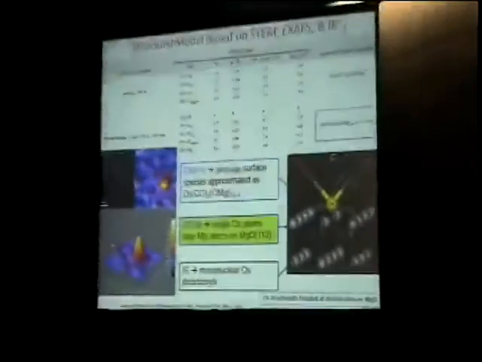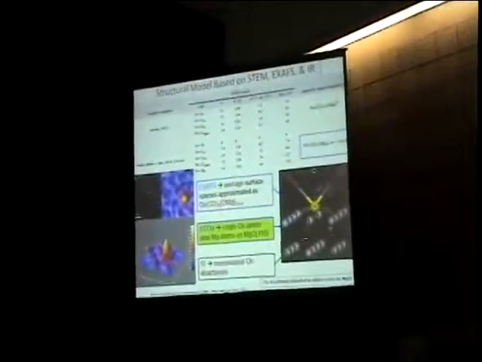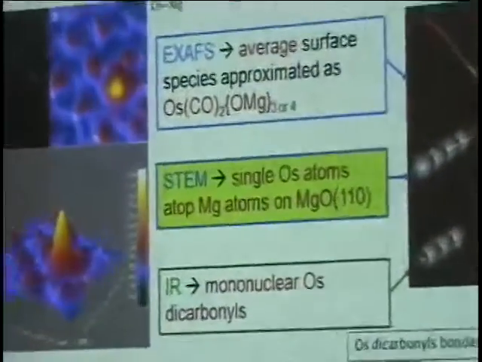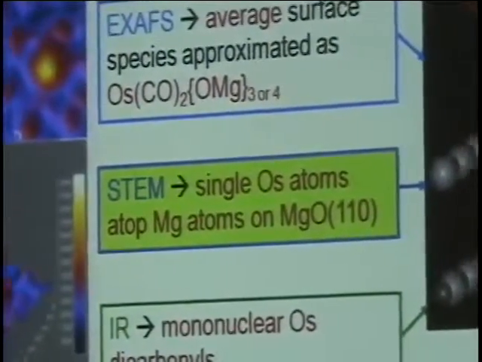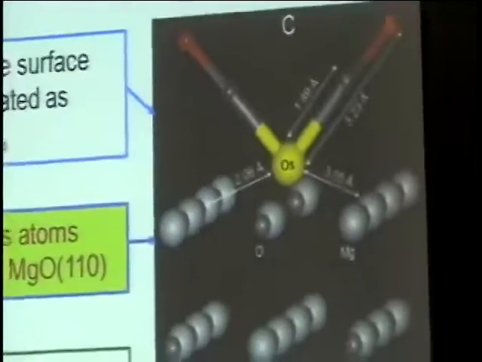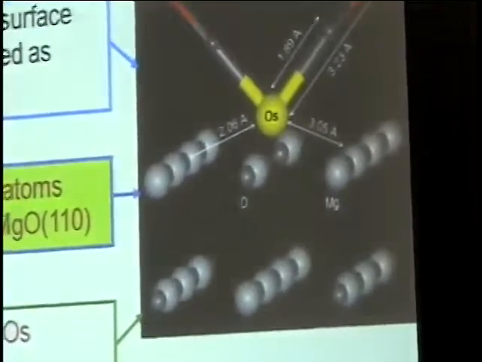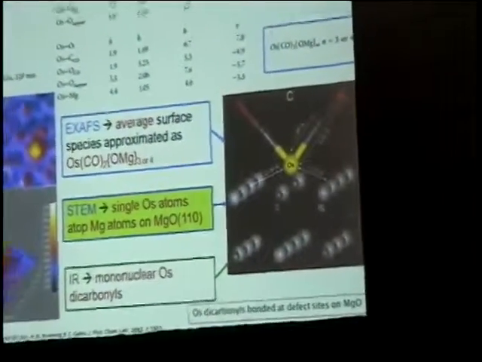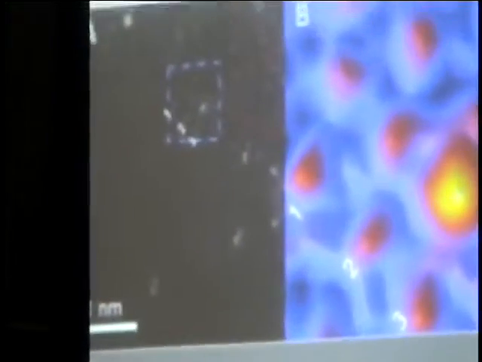So what's important in this is that if we look at the osmium on one particular face, it's the 110 face of MgO. That's the face we're going to keep coming back to, especially good for structure determination. And what we find is that the osmium atoms, I don't think you can see it well enough from this image, are atop magnesium atoms, or columns of magnesium atoms.